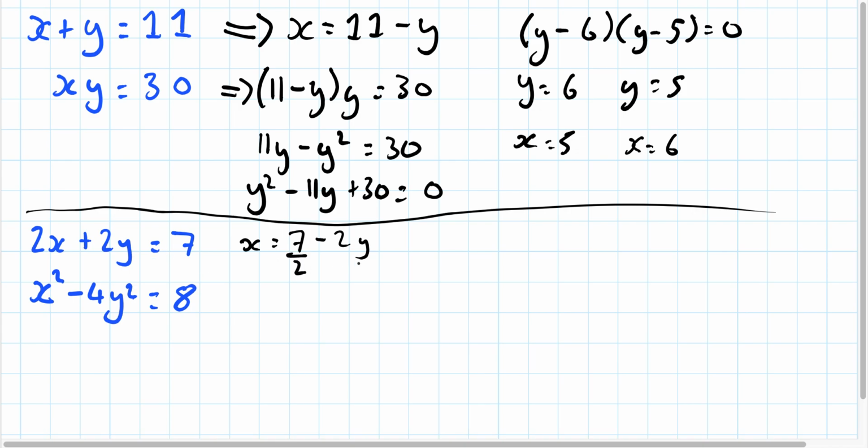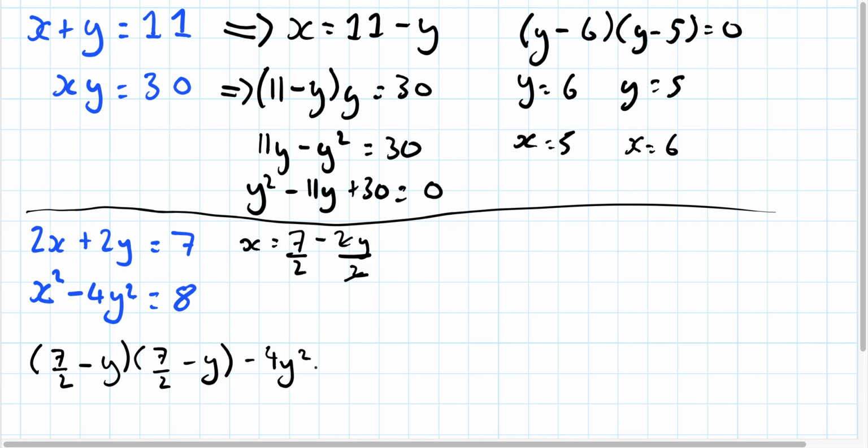And I'm just going to divide everything by 2 to get that, and that cancels out. So we're just left with 7 over 2 minus y. So now I'm going to substitute that into here. So I'll get 7 over 2 minus y, times 7 over 2 minus y, minus 4y squared equals 8.